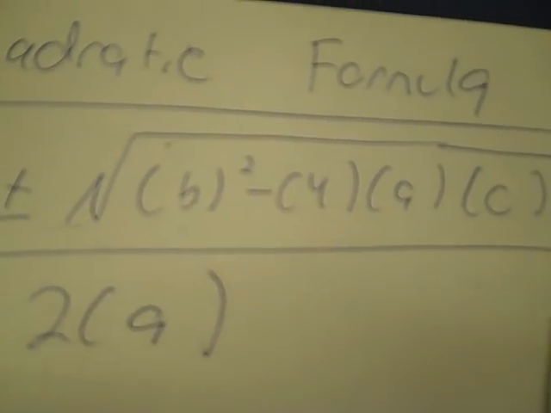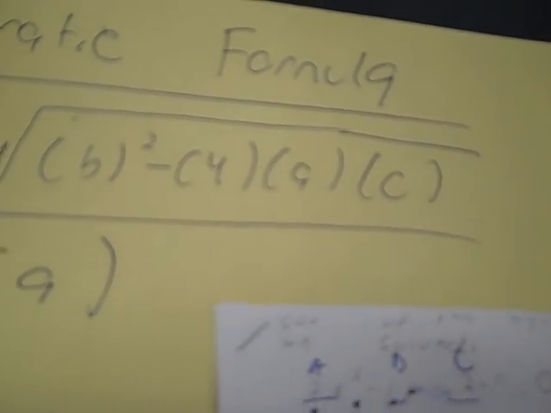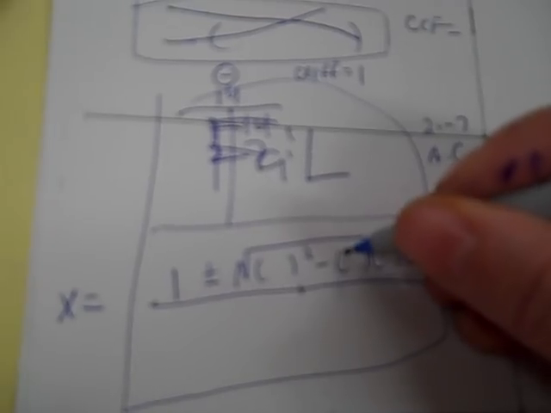And in that square root, I set up those parentheses that you saw yesterday. So parentheses to the second, minus, and then 3 parentheses in a row. And this parentheses, no matter what, gets a 4. Okay, and then I have B here. So B up there is negative 1. And then A is positive 2.